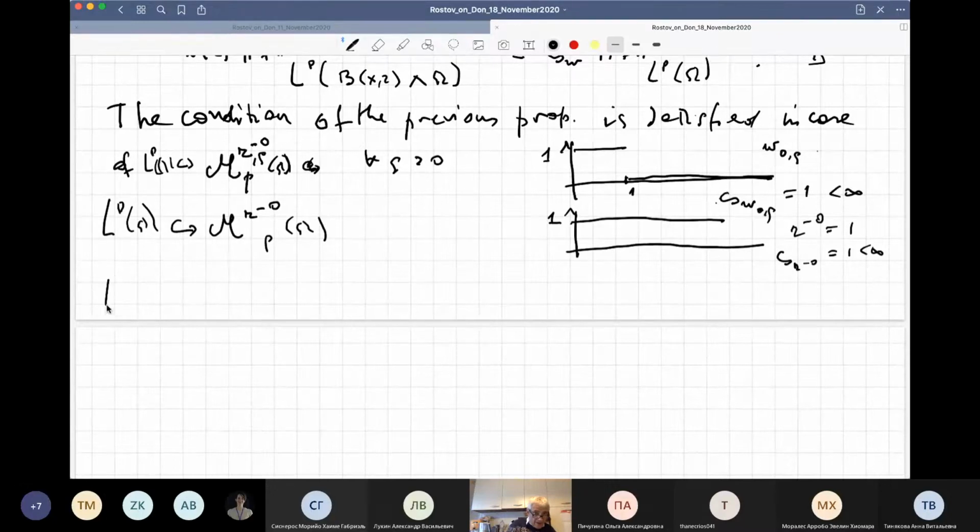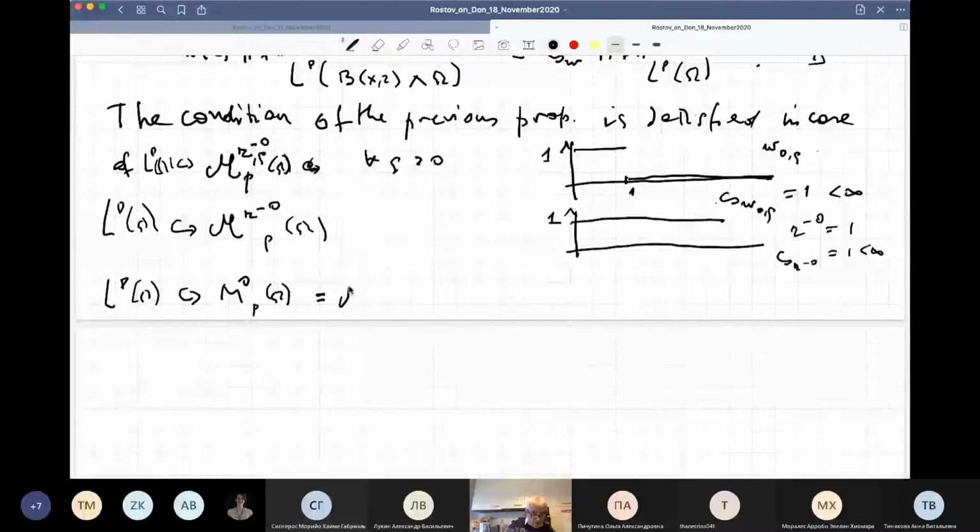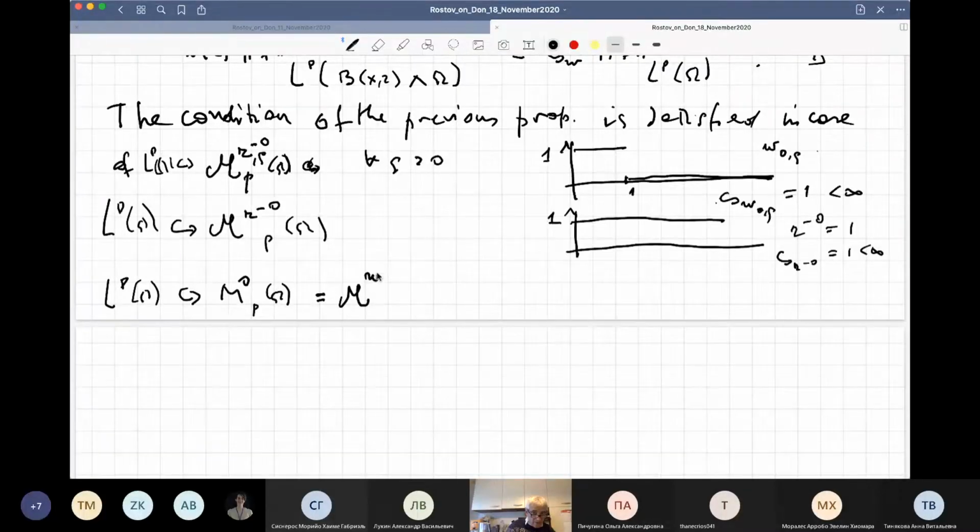We have L p omega embedded into M0 p omega, because this was, you remember, the Morrey space associated to the weight W0.